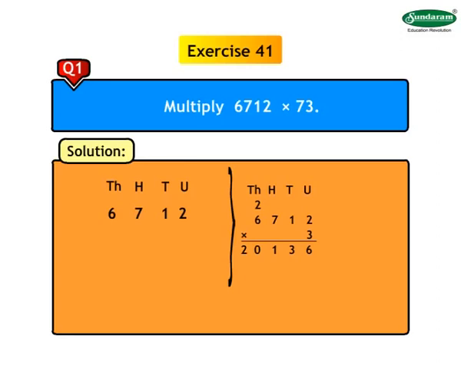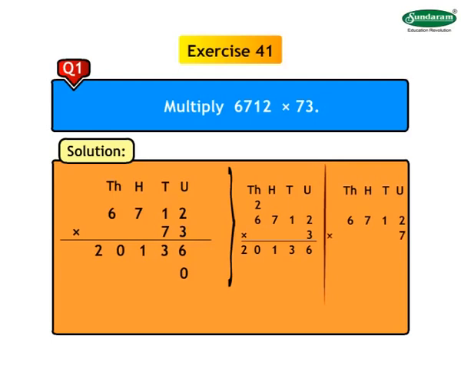Now, write this first product below 6,712 into 73. Next, put 1 zero of tens below 6 in the answer place, as we will now multiply 6,712 by 7 tens. Multiply 6,712 by 7. 2 units into 7 is equal to 14 units.